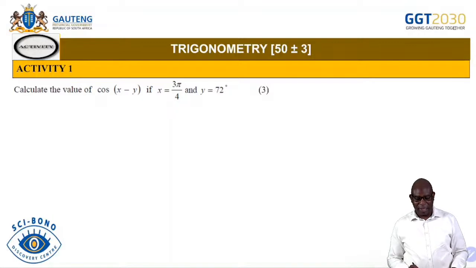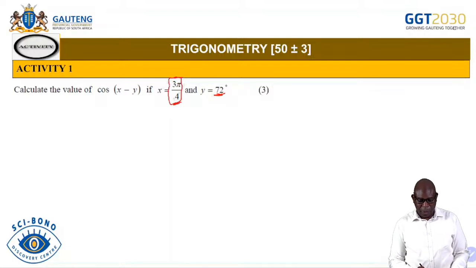The trick here is that this angle that is given is in radians, and this one is in degrees. It means I must first change this one from radians to degrees, and then I can use my calculator. Remember, my calculator is set in degrees.